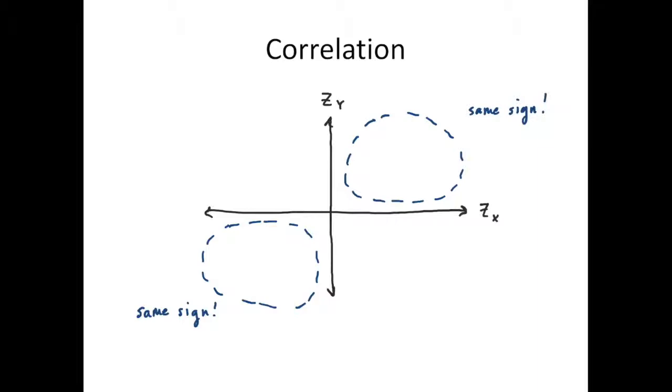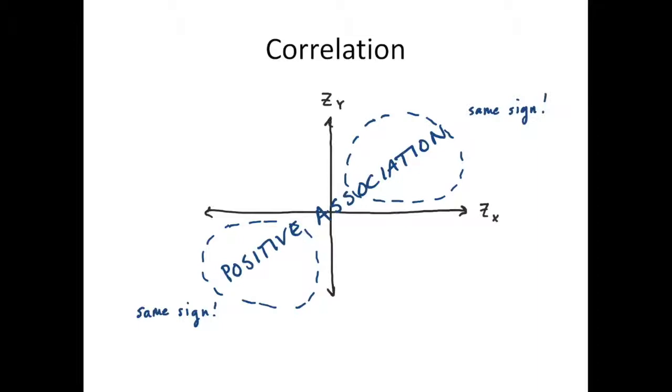Note here in these quadrants, both z sub x and z sub y will have the same sign. In the first quadrant, both standardized coordinates are positive, and in the third quadrant, both standardized coordinates are negative. The important part of this is that since they're the same sign, if we multiply the two standardized coordinates together, we will get a positive quantity.